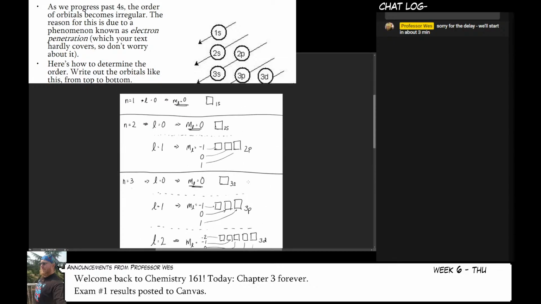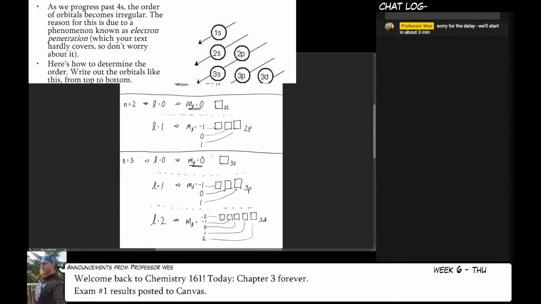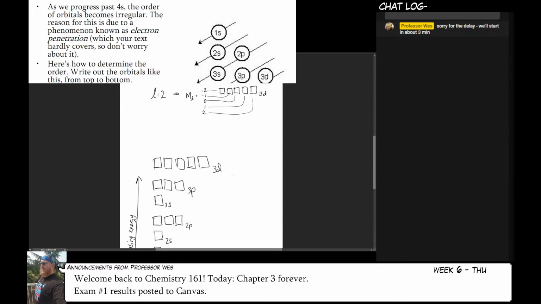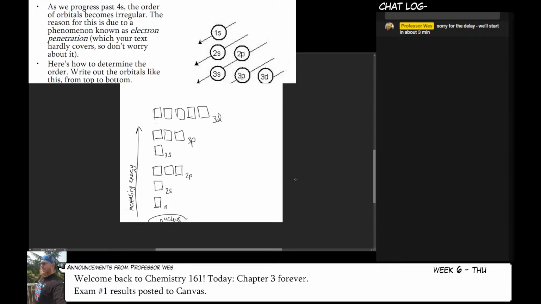We did every possible quantum number combination of n, l, and m sub l that we could think of, following the rules. So if n equals 1, l equals this, m sub l equals that, so on and so forth. And we assigned orbitals for all of the possibilities for m sub l for each entry. And we got a bunch of orbitals. And then I said, okay, we're going to arrange these in terms of increasing energy. And we got this diagram like this.